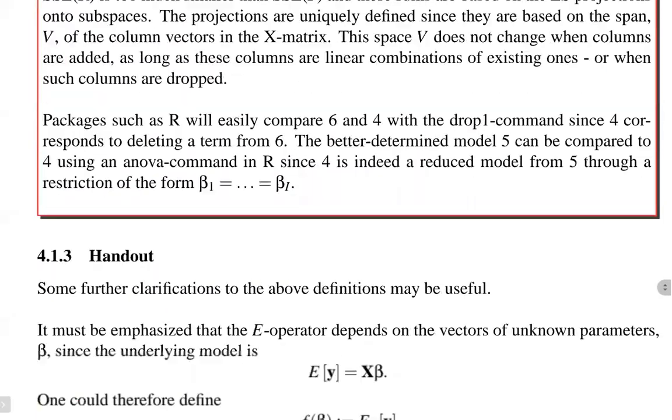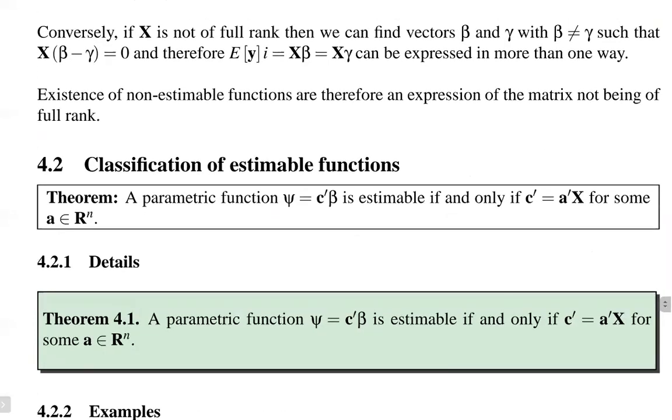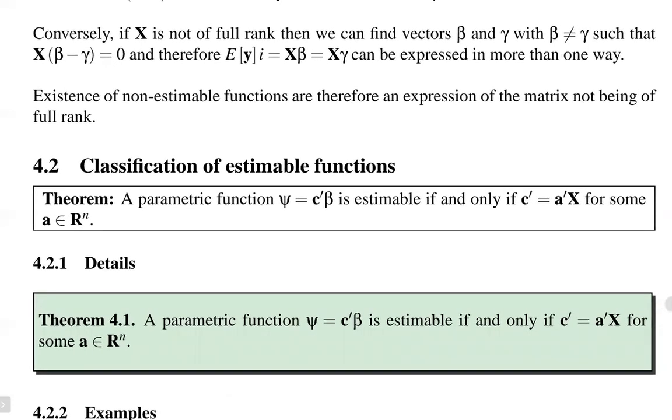And as it turns out, there are certain criteria which tell us when this is estimable. And the overall theorem is that a parametric function is estimable if and only if we can write the vector that describes the linear combination as a vector A transpose times the X matrix itself.